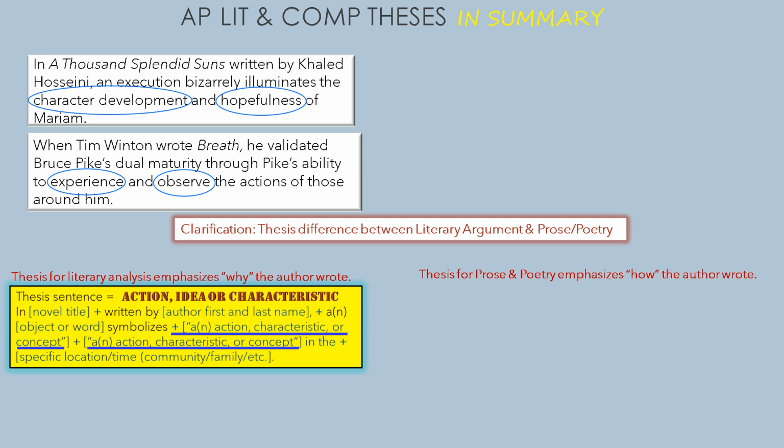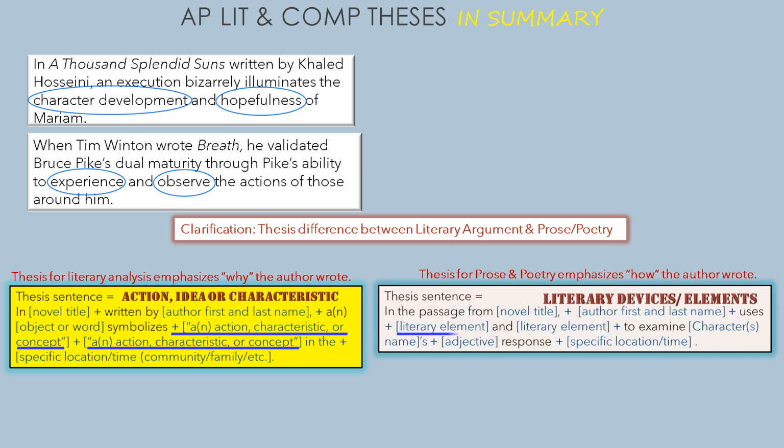Now, for the prose and poetry theses, those theses focus on how the author wrote. How did the author construct the text using literary devices or elements for the reader to understand? Recall from my literary device video that devices and elements are the author's form of writing technique.